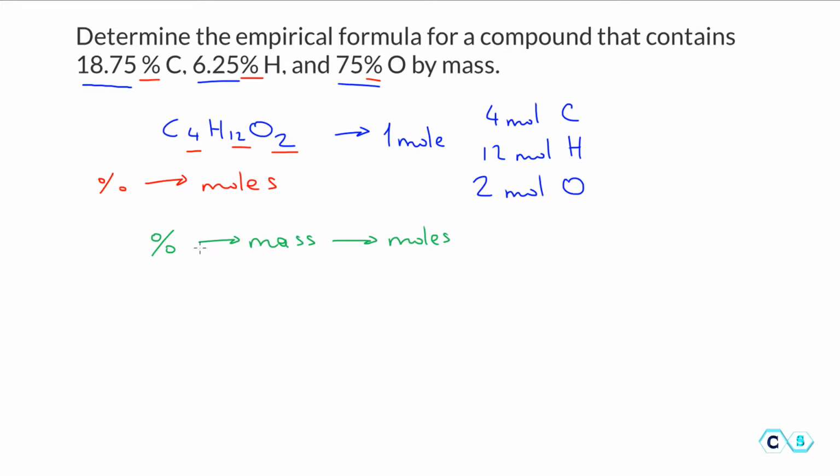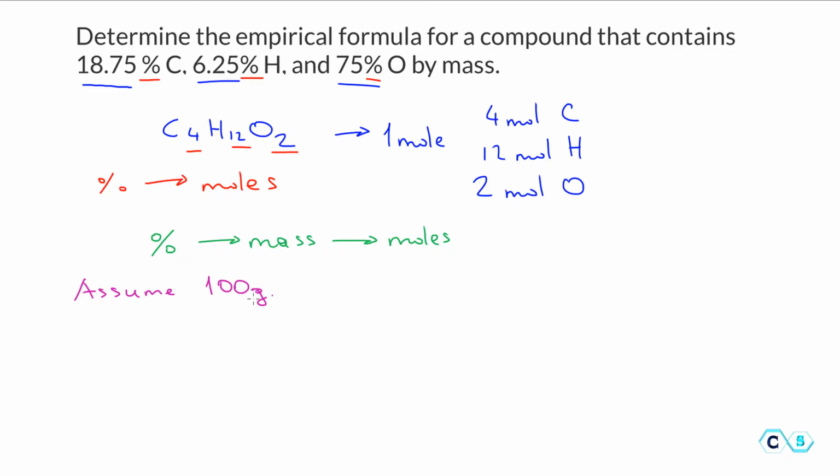We can assume any amount, but for convenience, we're going to assume that we have 100 grams of this compound. Why is it beneficial to assume 100 grams of a sample?